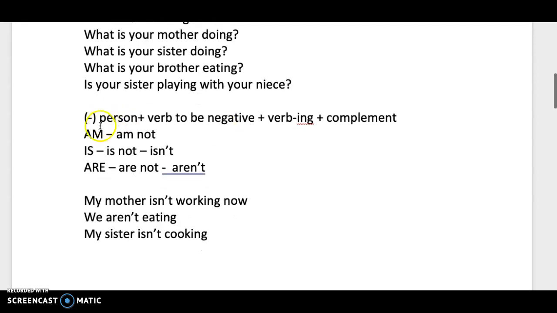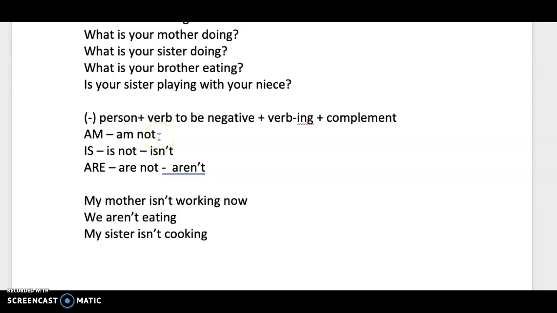Let's continue. We have a negative sentence here. We have the person, the verb to be negative, the verb with ing and the complement. So, for example, the negative of am is am not.